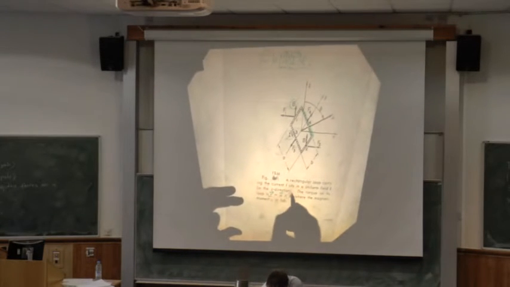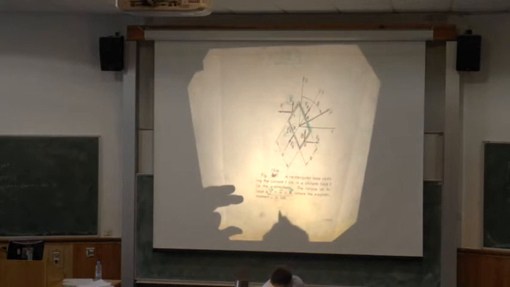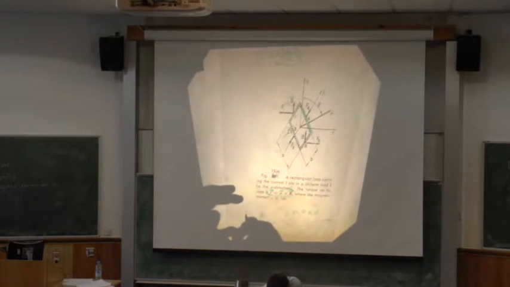Incidentally, just like with the electric dipole, you remember that P equals QD was a scalar equation, and here I've written mu, the magnetic dipole moment, is equal to IA as a scalar equation.